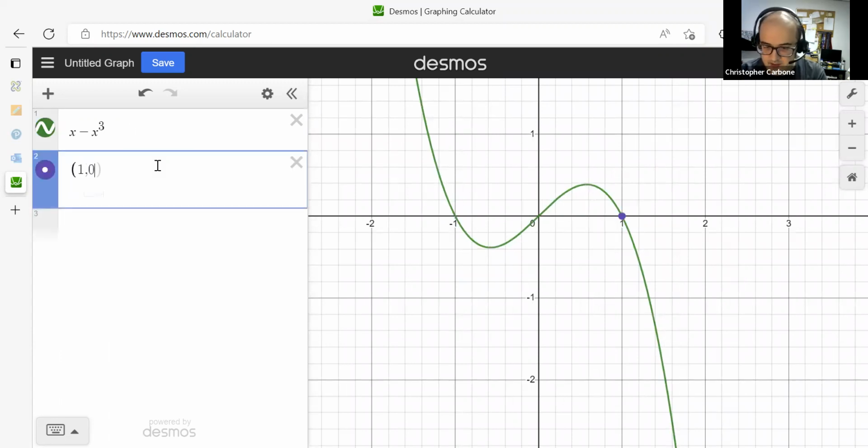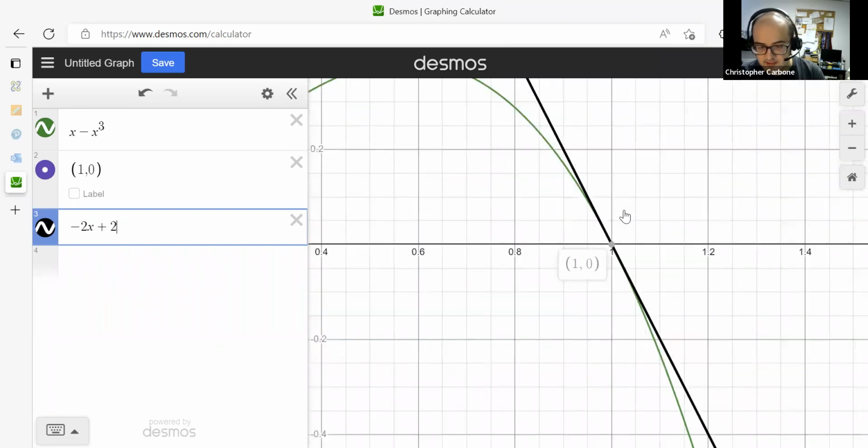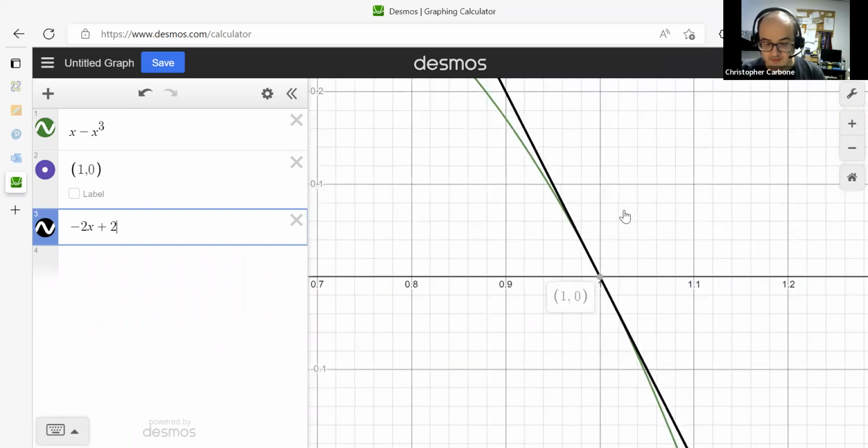Let me just pop that in there so we can see the tangent line that was negative 2x plus 2. And you can see after I type that in, it directly hits this curve at that point (1, 0). And you can see that on this graph as I zoom in more onto it.